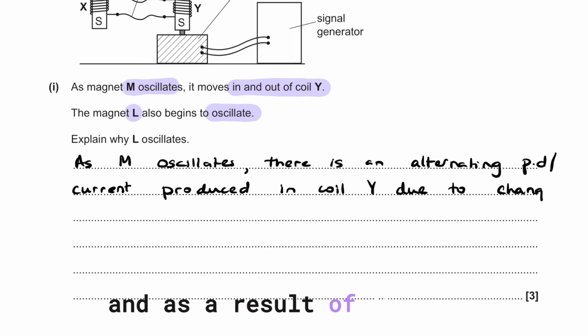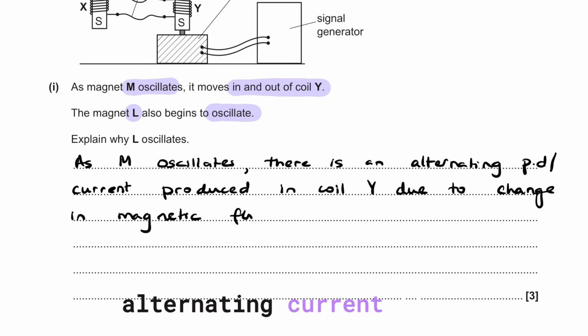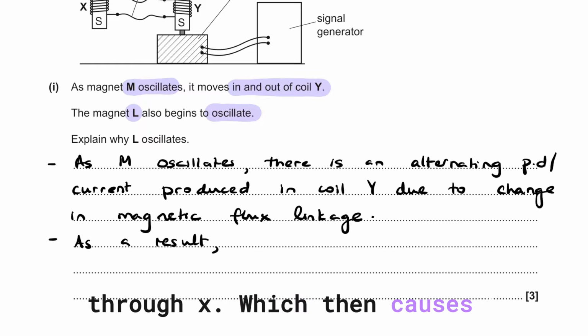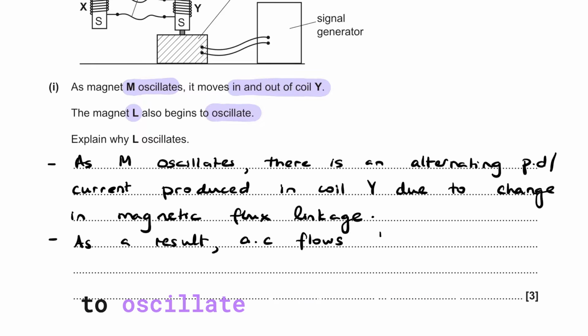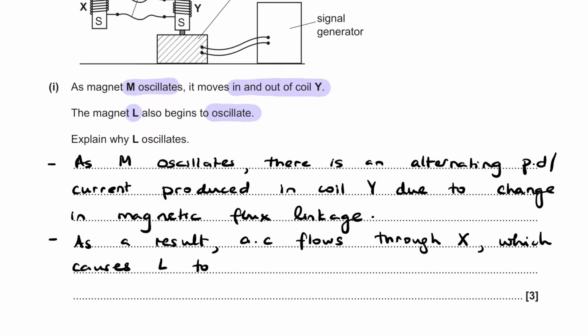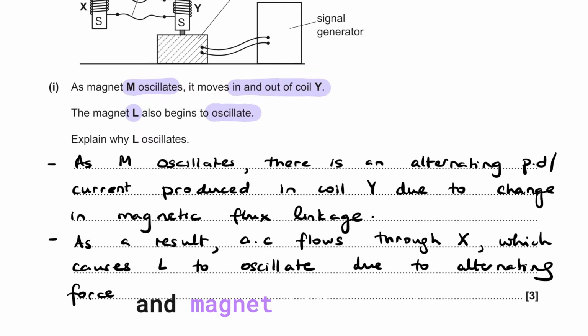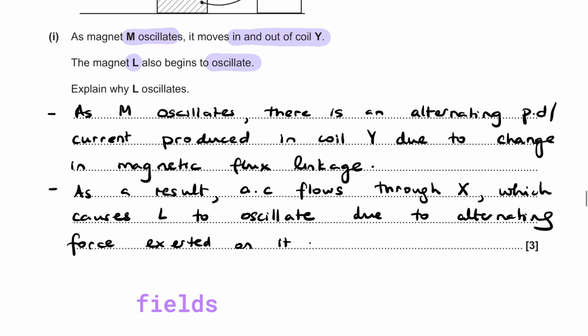And as a result of this, an alternating current flows through X, which then causes L to oscillate due to the alternating force exerted on it. Remember that the coil X and magnet L's magnetic fields are interacting.